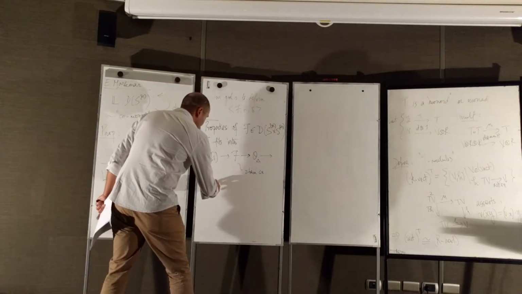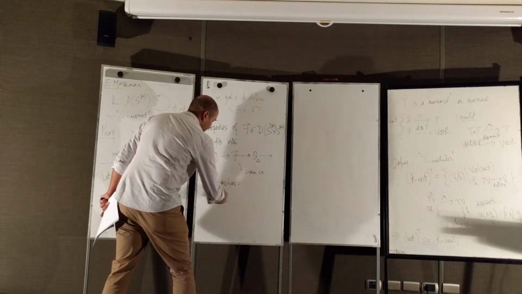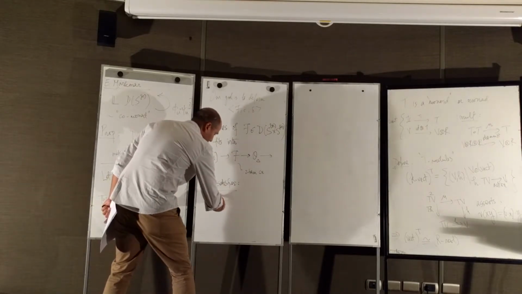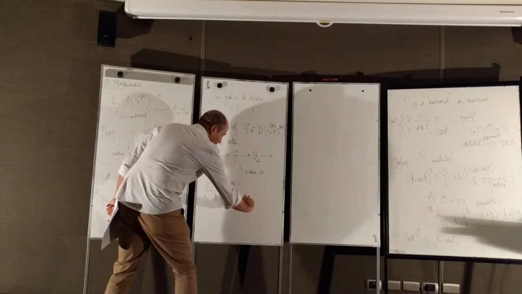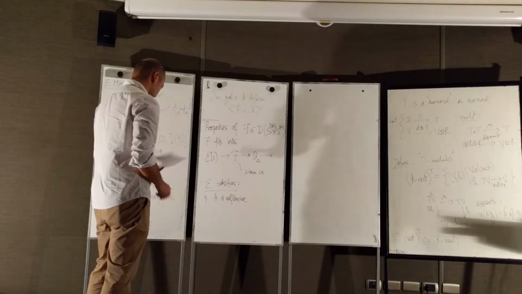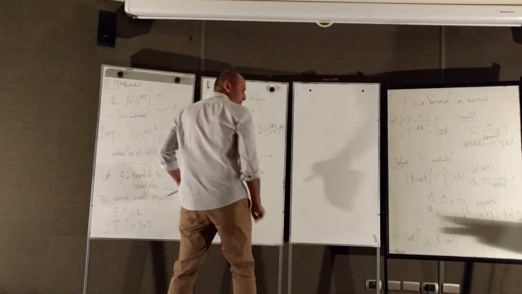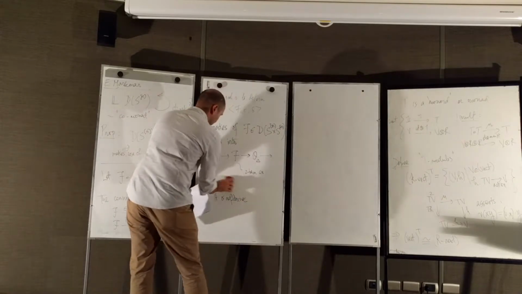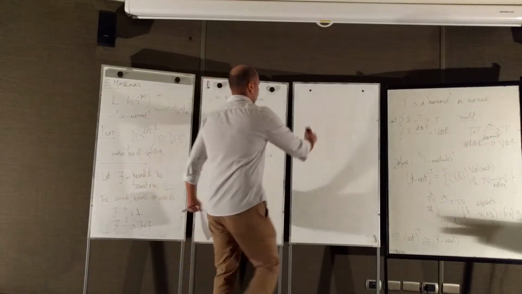This object E satisfies the following properties. First of all, E is reflexive. I'll need these properties maybe later, so let's try to save them somewhere. Maybe here.